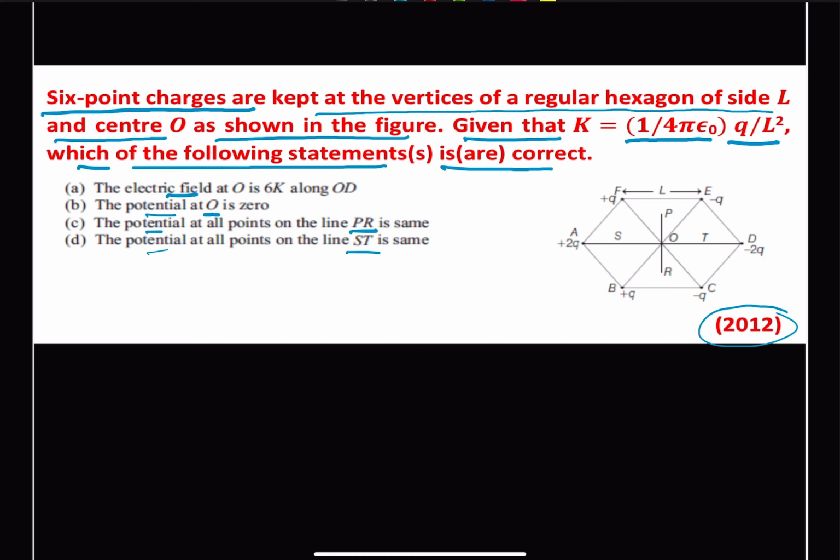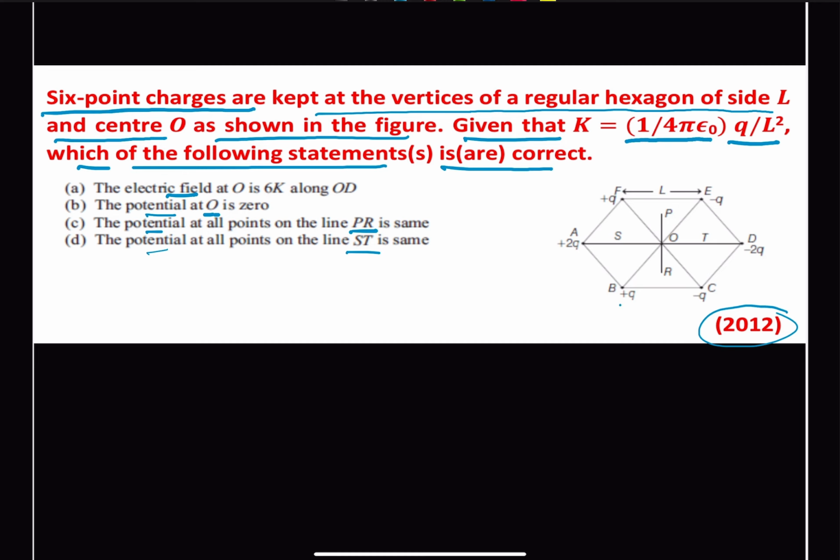So it says that it has 6 charges and they are kept in a regular hexagon. And if we look closely, we can clearly see that this hexagon mainly consists of dipoles.